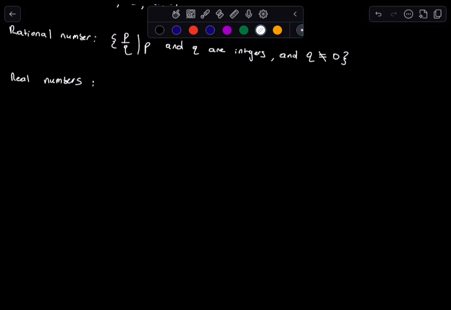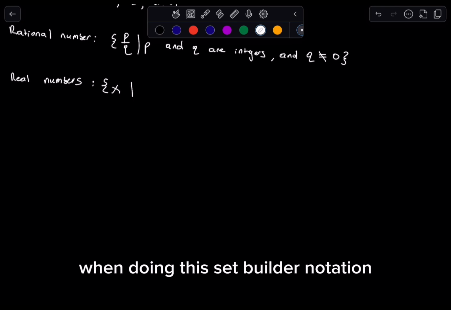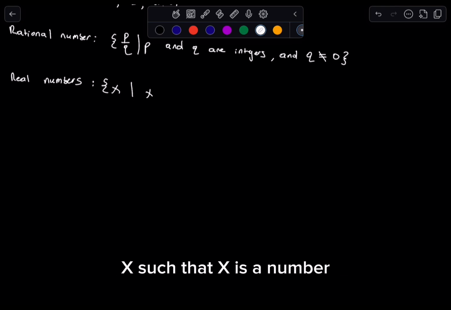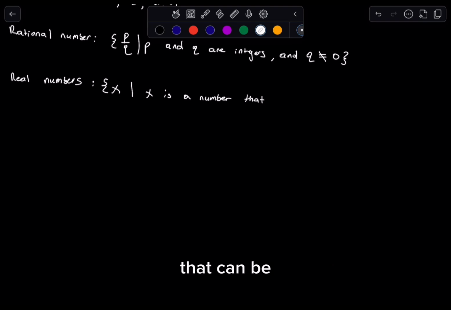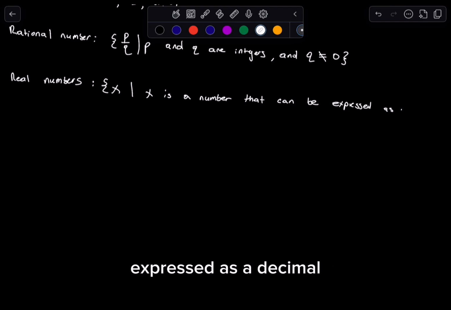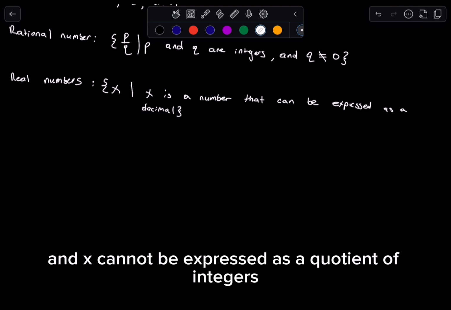So we're doing this set builder notation, x such that x is a number that can be expressed as a decimal.